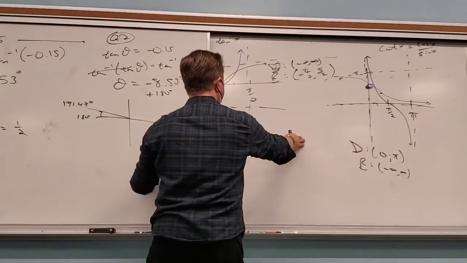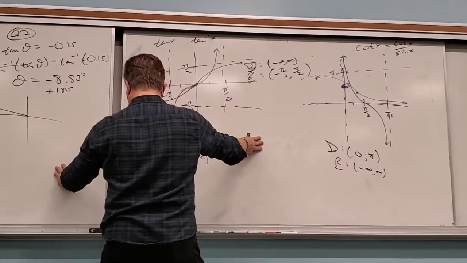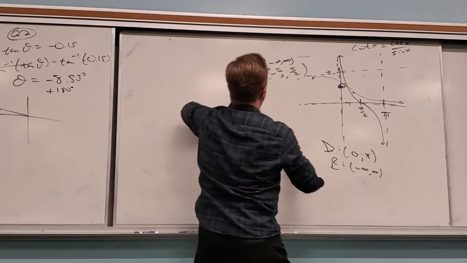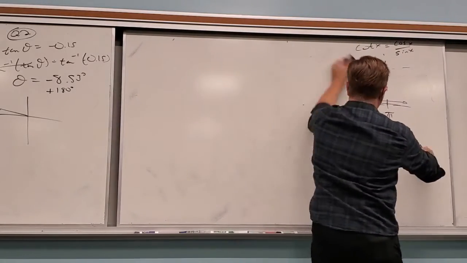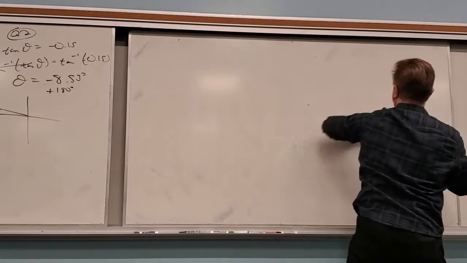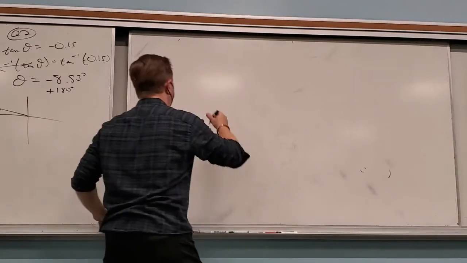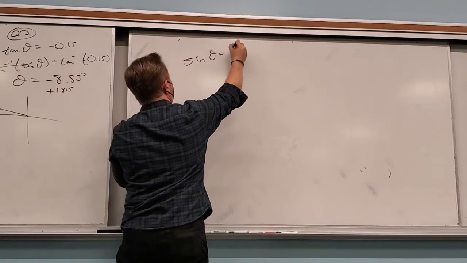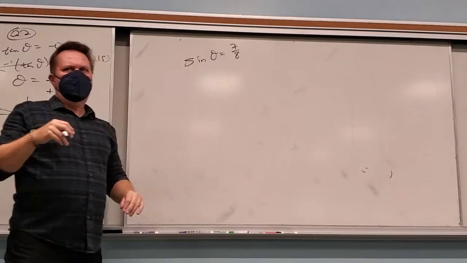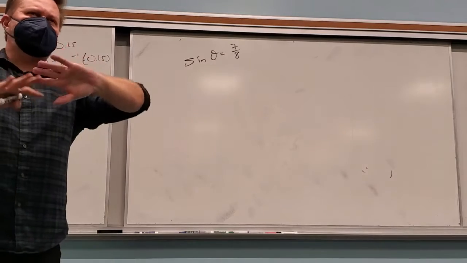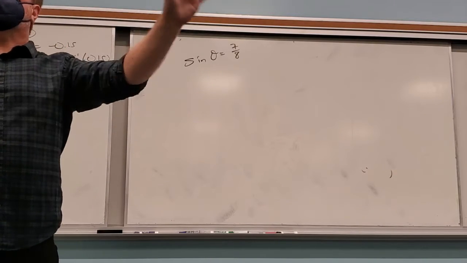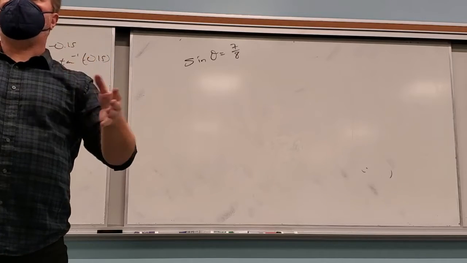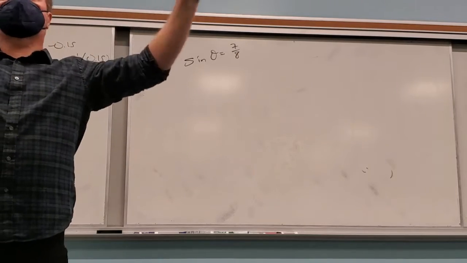So one last thing in this section. Do you remember one of the first things we did with trig, once we got the basic ideas down? If I told you sine theta equaled 7/8, now we know we can take inverse sine, we can get the angle, but before we knew inverse sine, am I able to draw something and tell what other trig functions are?